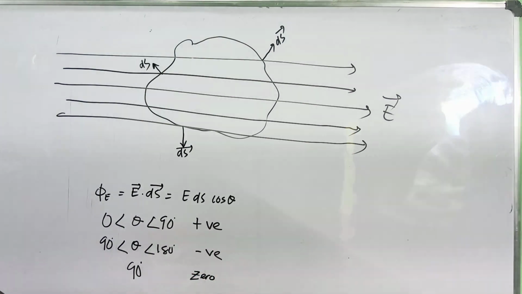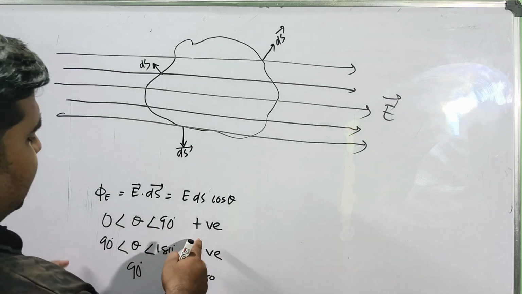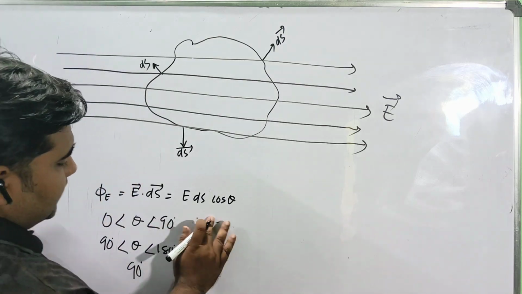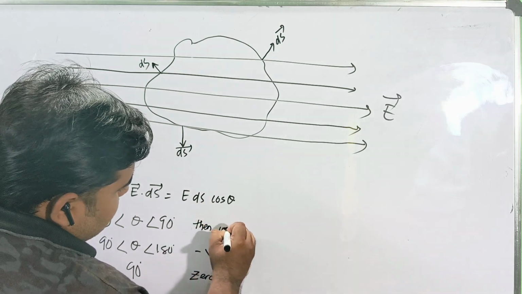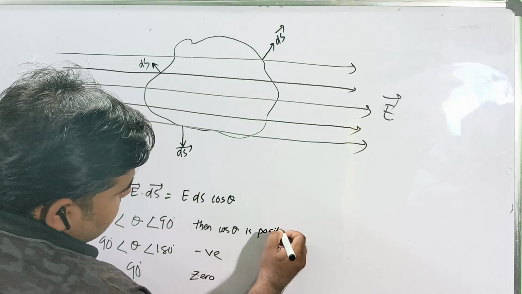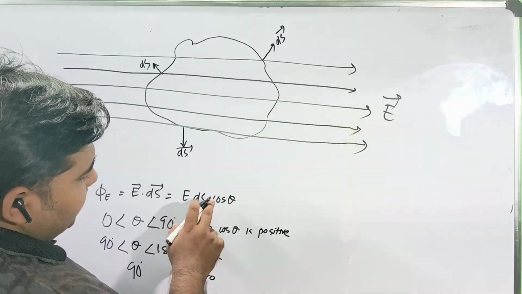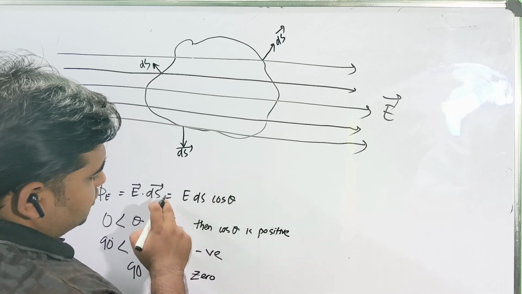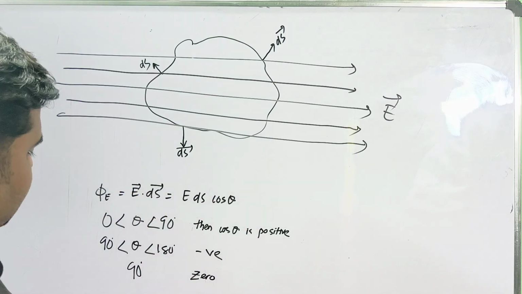Why is it 0? When theta is between 0 to 90 degrees, then cos theta is positive. If E is positive, ds is positive, and this is positive, then the whole thing is positive, which means it will give you a positive flux.